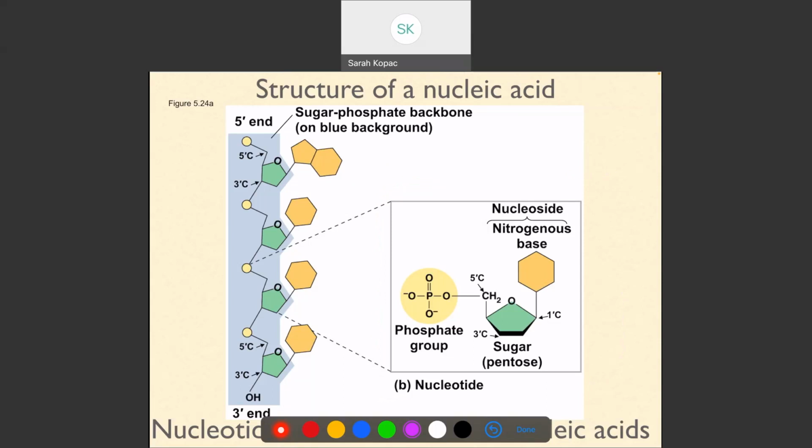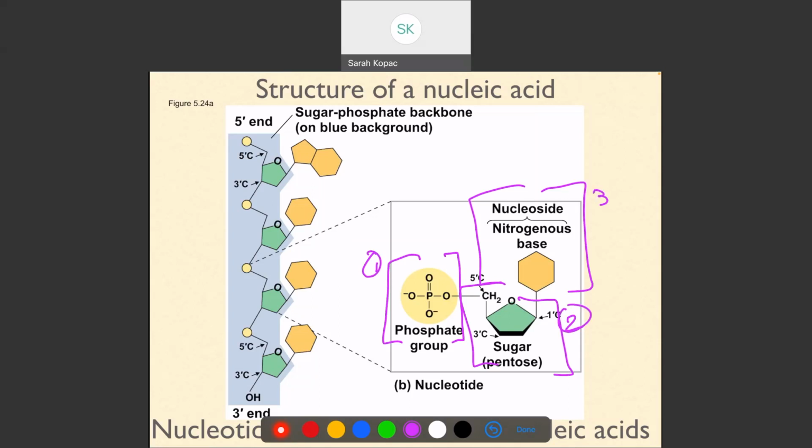So the similar ingredients in these monomers are the phosphate group, which is here, the sugar group, and then the nitrogenous base. So these are three different chemical groups that we're going to find in every single nucleotide, regardless of which type, which flavor.